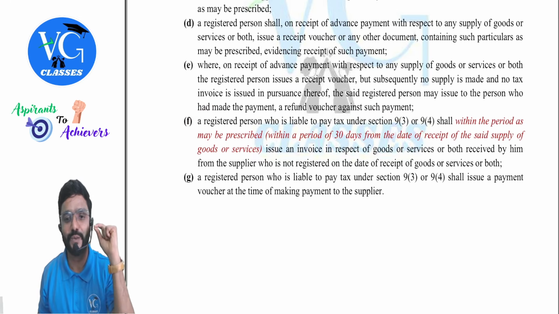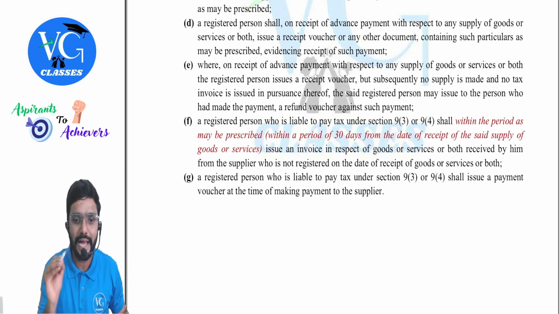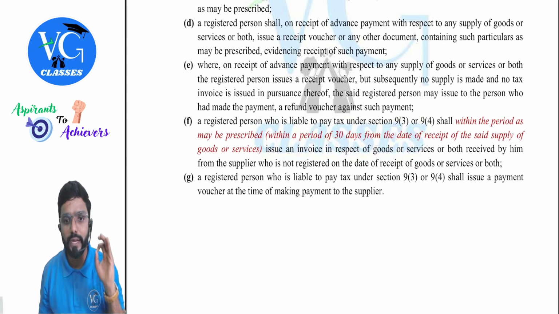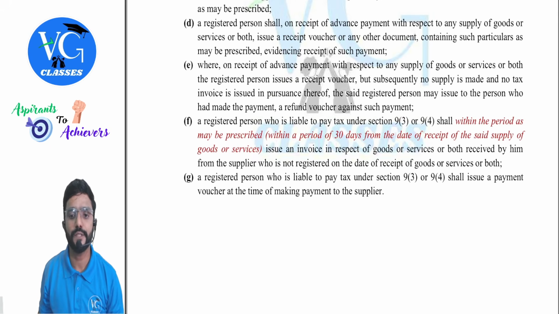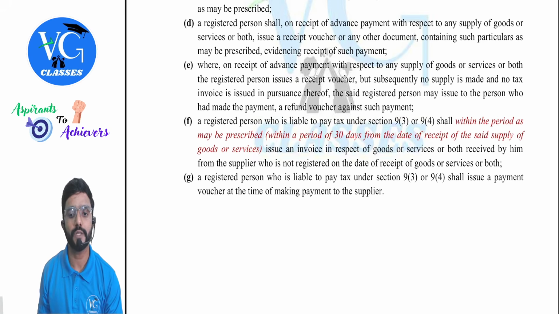A registered person who is liable to pay tax under section 9.3 or 9.4, which talks about RCM, shall, within the period as may be prescribed, issue an invoice in respect of goods or services or both received by him from the supplier who is not registered on the date of receipt of goods or services or both.